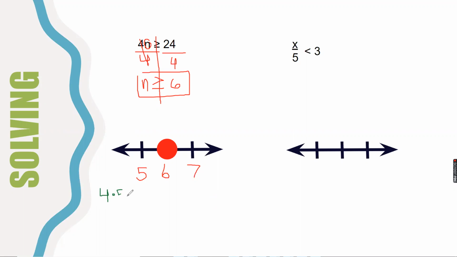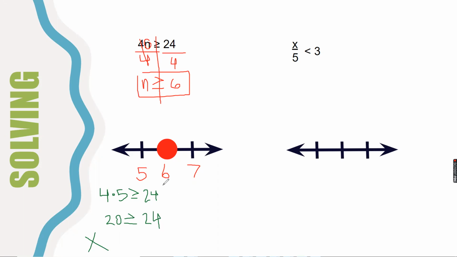So 4 times 5 should be greater than or equal to 24. So let's simplify that. 4 times 5 is going to give me 20. Is 20 greater than or equal to 24? Hopefully you say no. And so this is our false side over here.